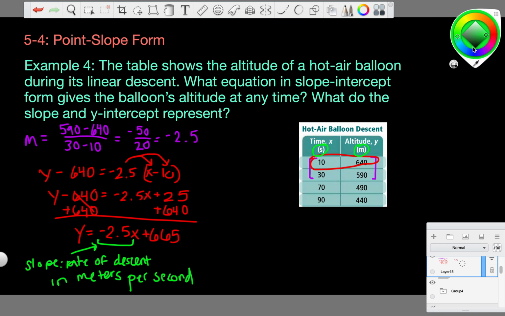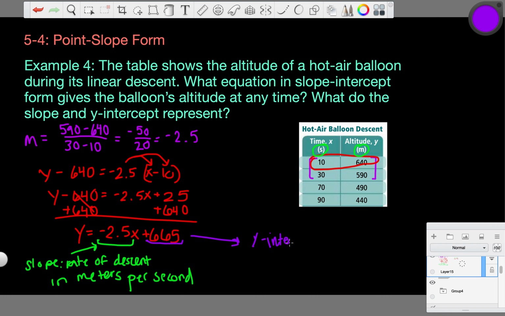Okay? Now, lastly, this 665. This is my y-intercept. Now, what that means in the context of this problem is our starting value. And in this case, we're starting our hot air balloon high in the air.